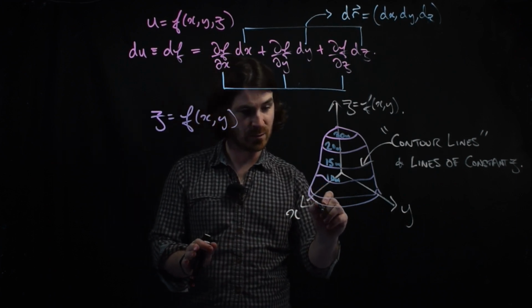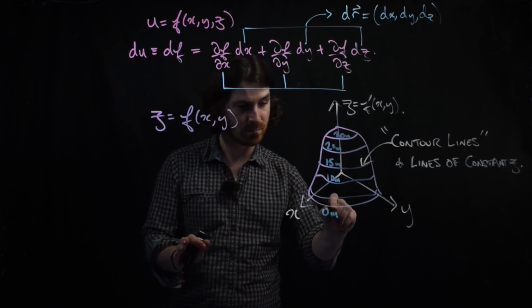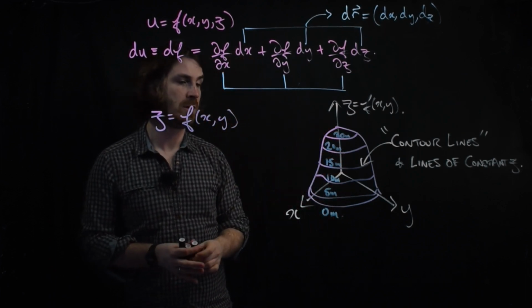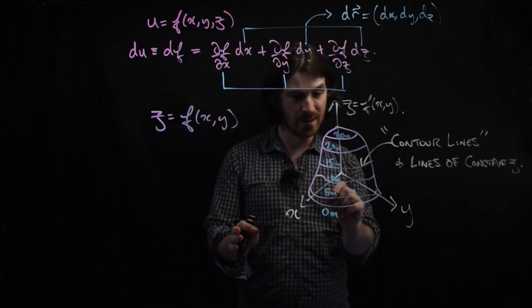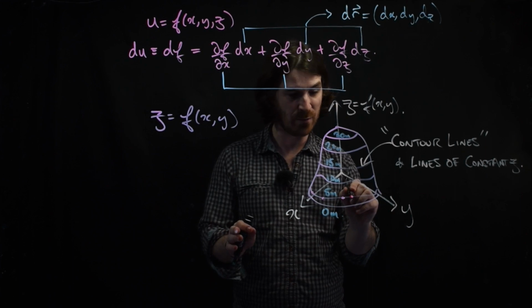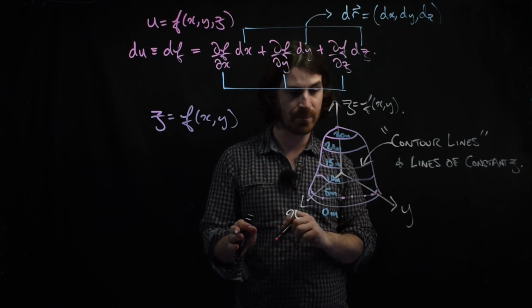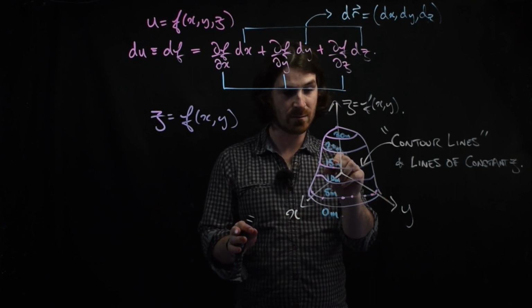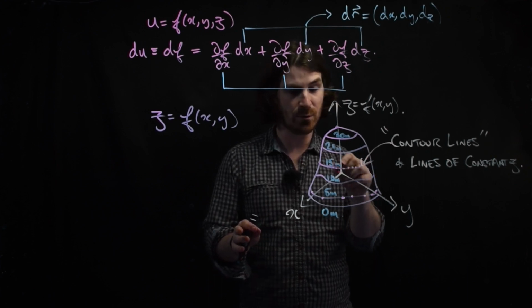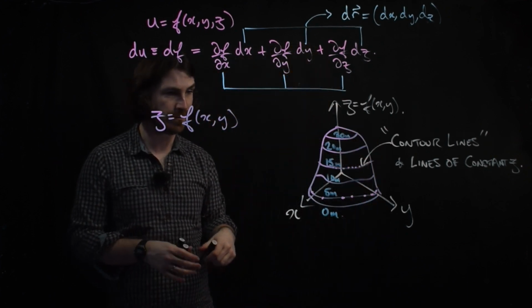And we'll have maybe 0 at the bottom. So this is the ground. 5 meters, 10 meters. If you stand anywhere on this line, you will be 5 meters above ground level. If you stand anywhere on this line, so this part of the mountain, you will be 15 meters above ground level.